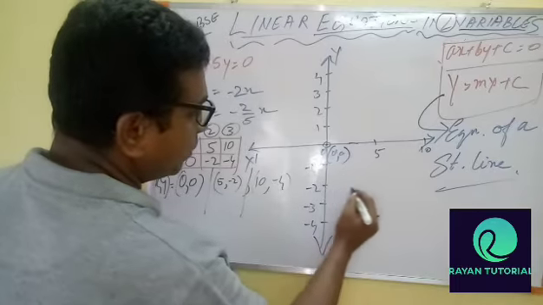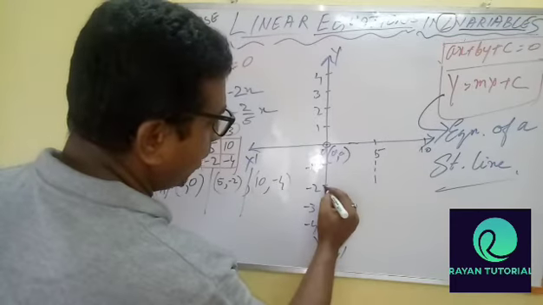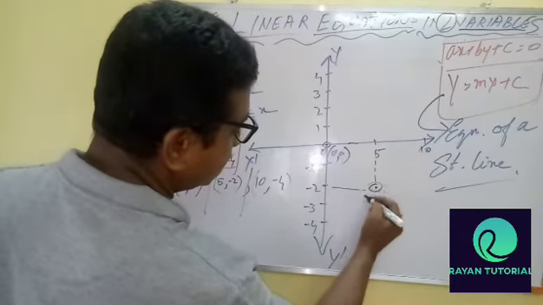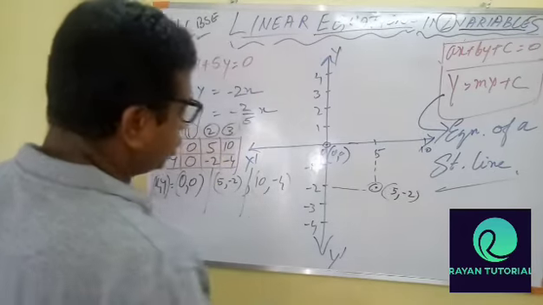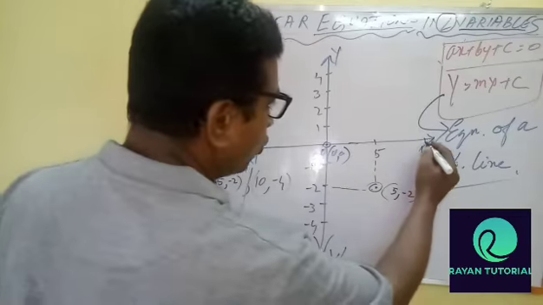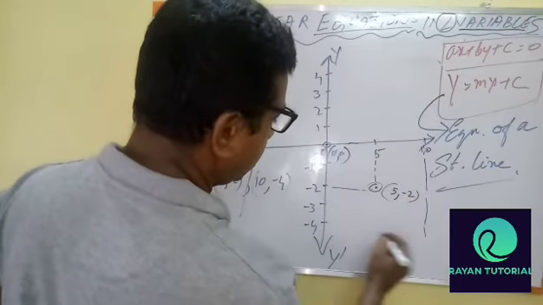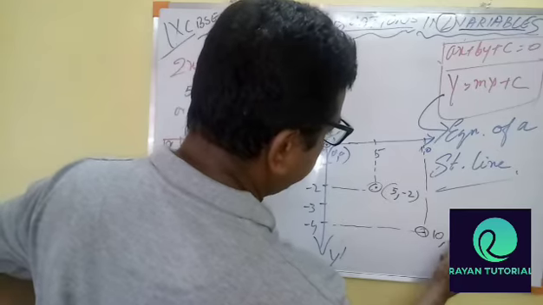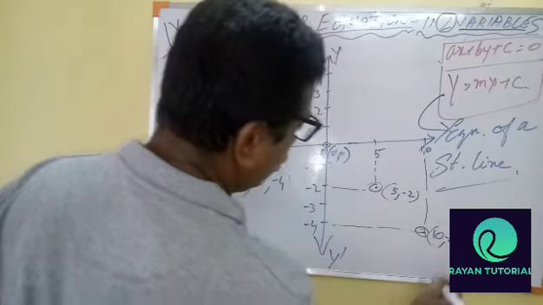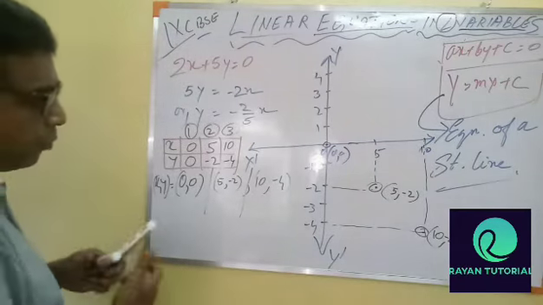So this is 5, this is -2. That means this point is (5, -2). Then (10, -4). So this point is (10, -4). Now you got 3 points.